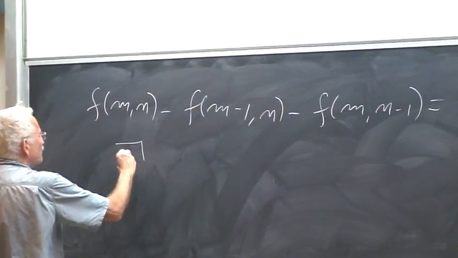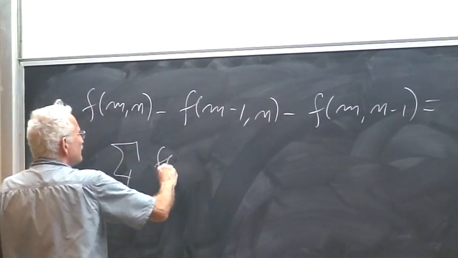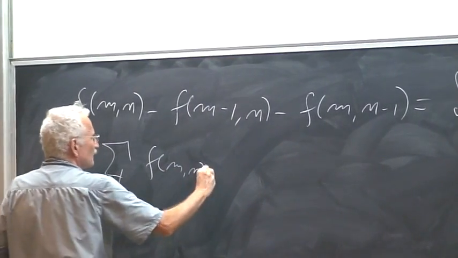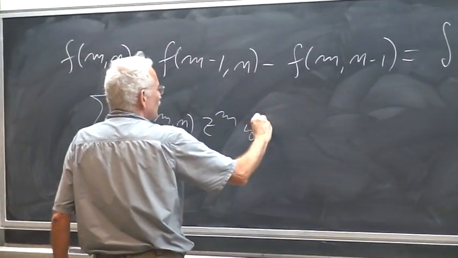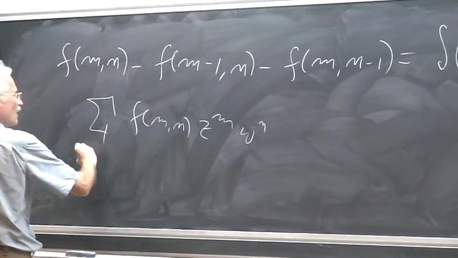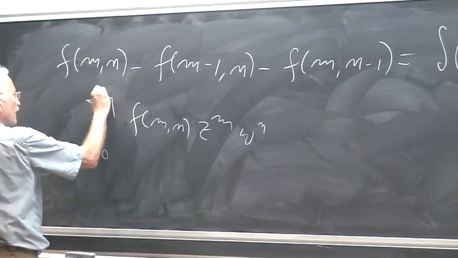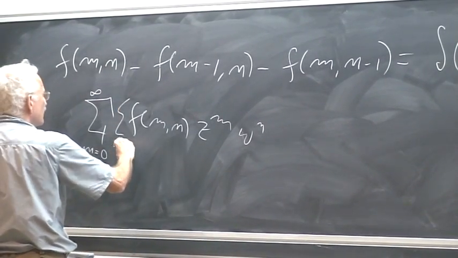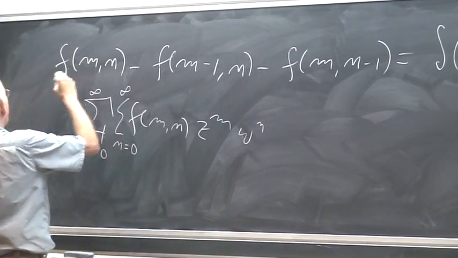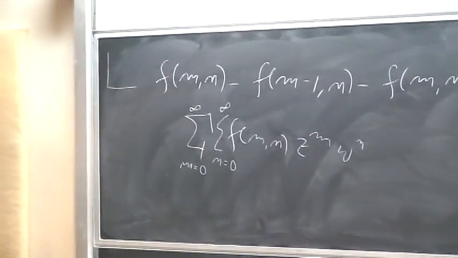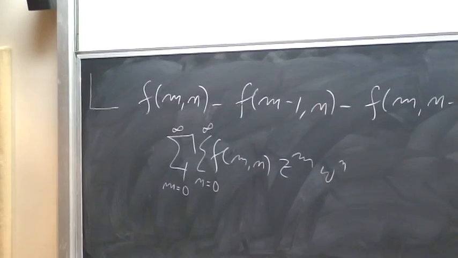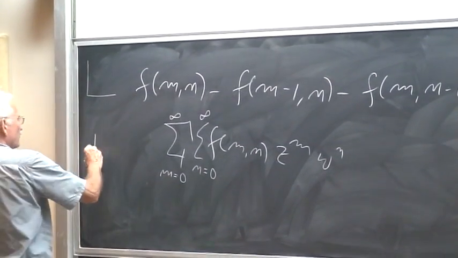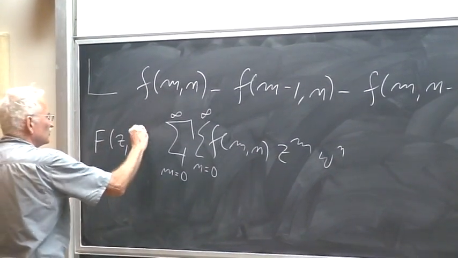You take the formal power series, sigma f of m, n. And in this case, you're looking for a solution that's only defined on the positive quadrant. So call it f of zw.